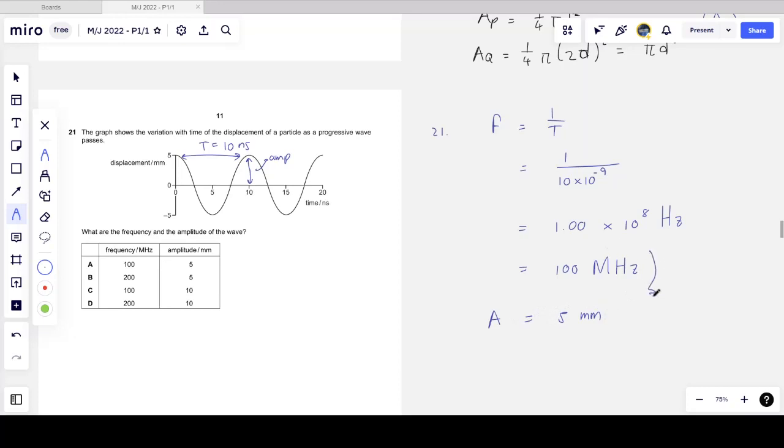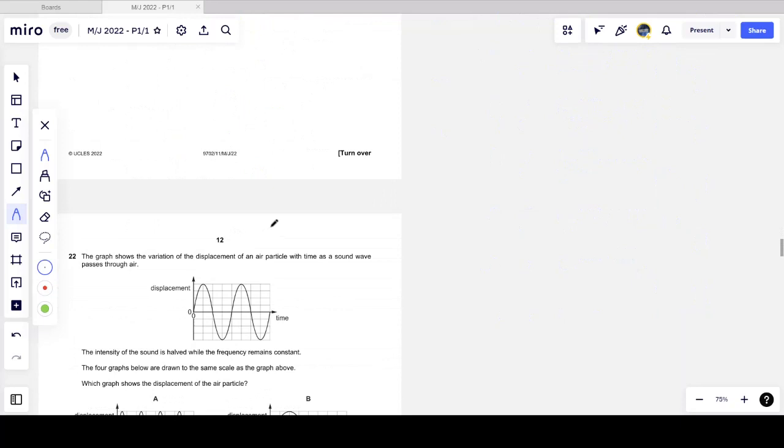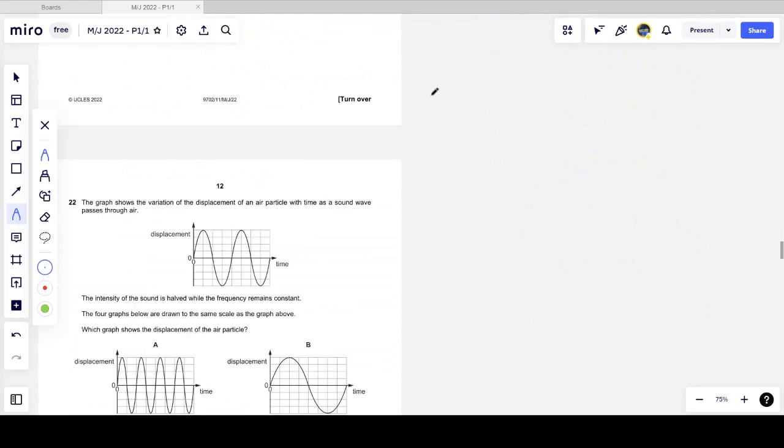And so 100 megahertz and 5 millimeters corresponds to option A. Again, this shouldn't take that much time. You wouldn't even need to do any annotations or drawing on the graph, but you can just for peace of mind and just to make sure that you are labeling the correct quantities in the correct positions on the graph.